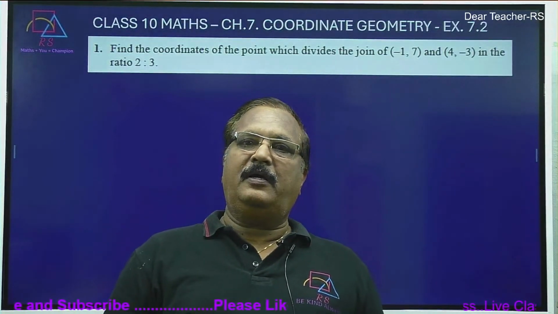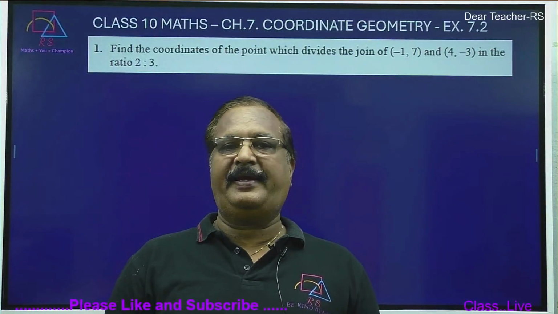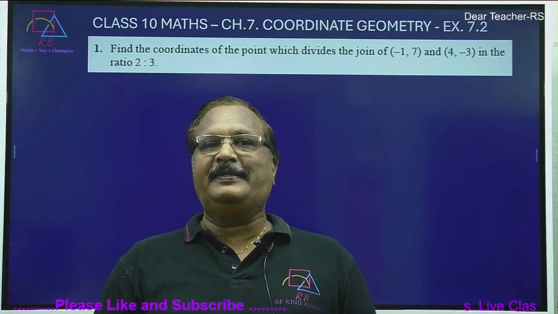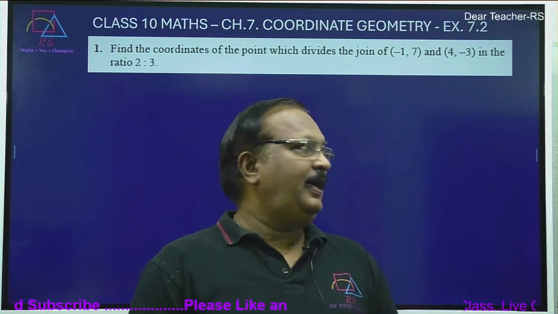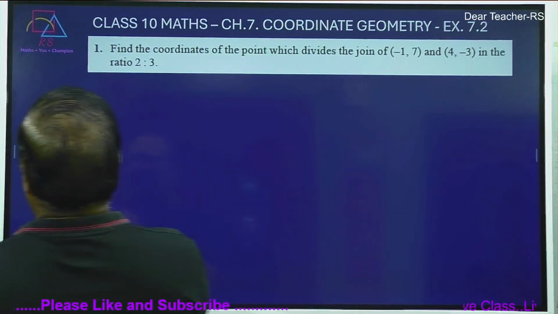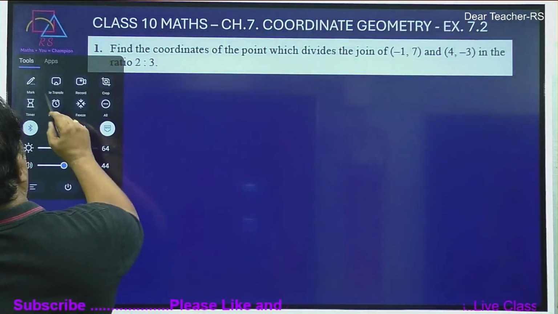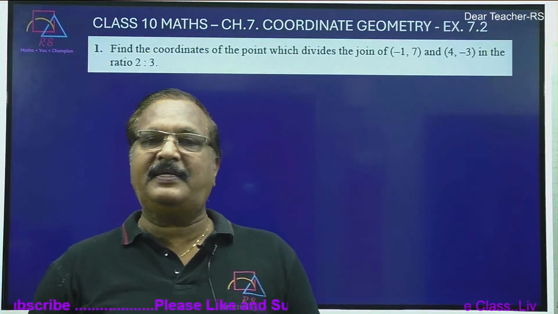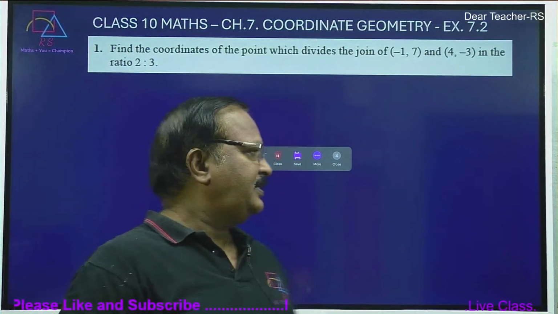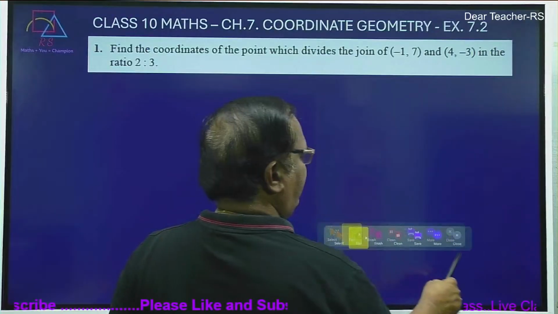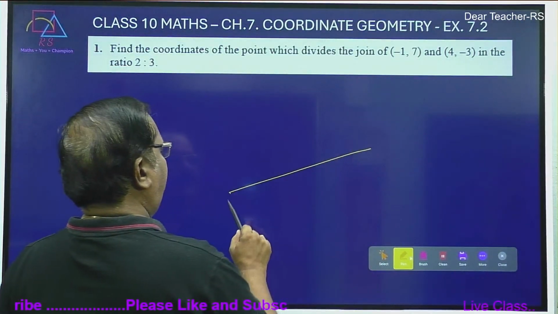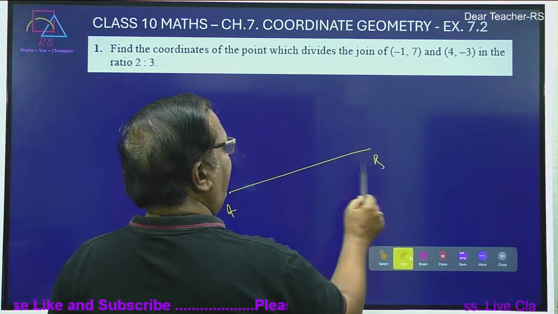Now I remind again the formula, section formula. A point divides a line segment in a particular ratio. Let me say for example, this is a line, AB is a line segment.